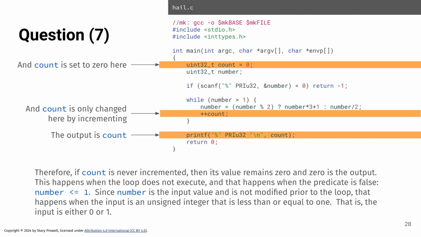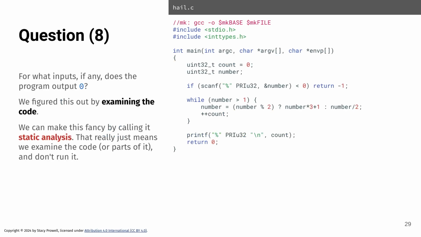So if I enter a value, and it has to be an unsigned 32-bit value, the only ones that are less than or equal to 1 are 0 and 1. So if I enter 0 or 1, I get an output of 0. I got them all. I solved it. I am so smart. There we go. Right? We figured it out by examining the code.